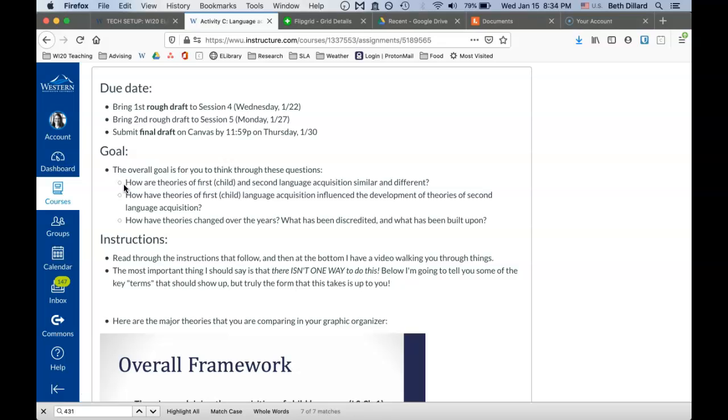Another way, honestly, of thinking of the purpose of this is just as a way of organizing what you're learning, because there's a lot in these two chapters, the one about first language acquisition and the one you're going to read about second language acquisition. There's a lot there, and so this is a way of synthesizing your notes around that.